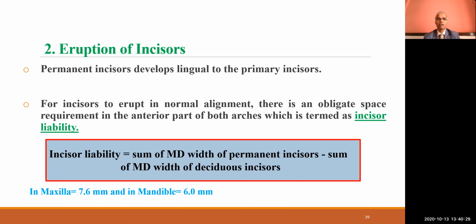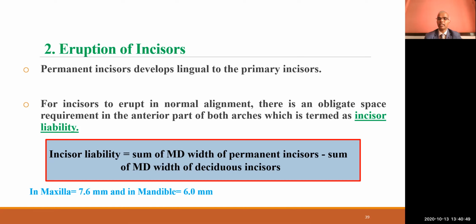Eruption of incisors. The permanent incisors develop lingual to the primary incisors. And for the incisors to erupt in normal alignment, there is an obligate space requirement in the anterior part of both arches, which is termed incisor liability.